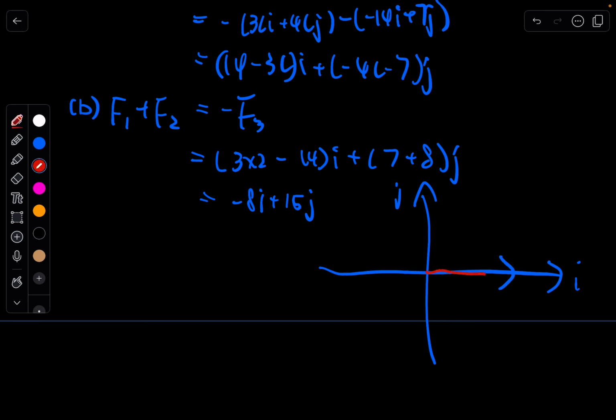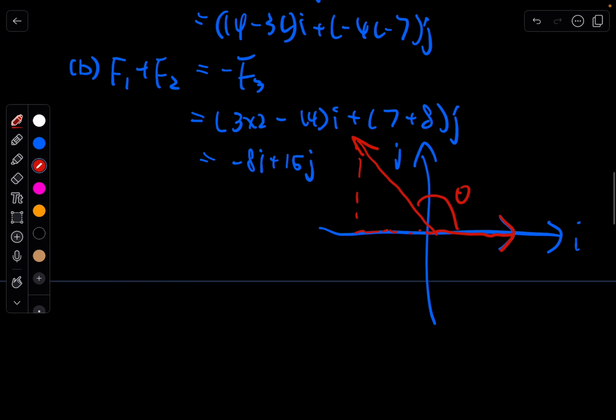Let's call it theta. Let me get a calculator. This angle is equal to tangent of 15/8.